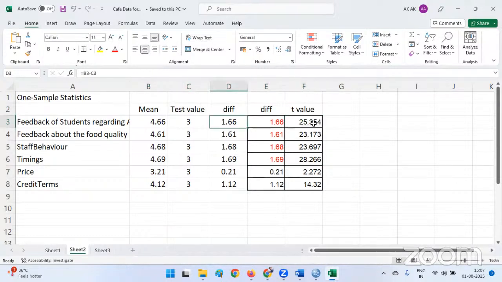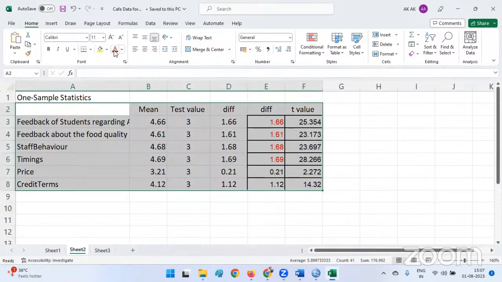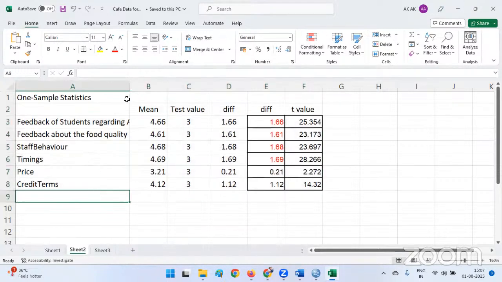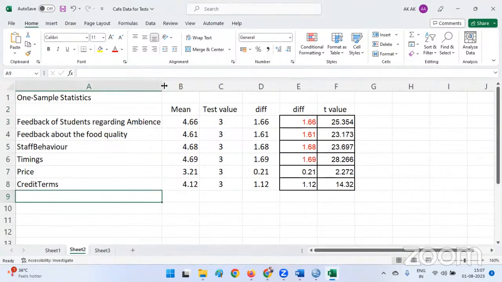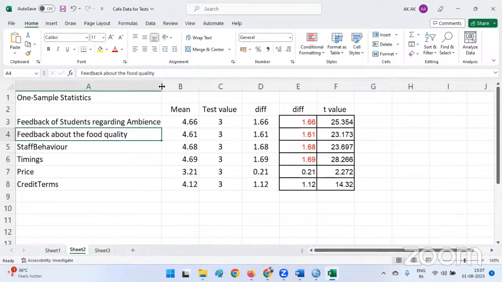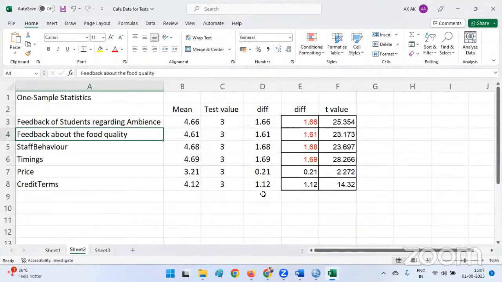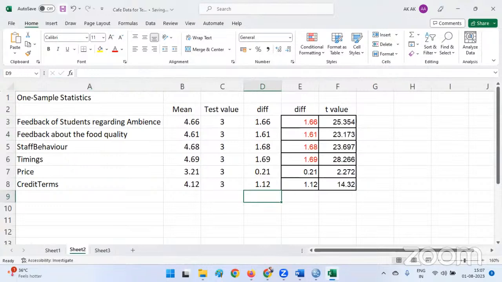So the difference is 1.66, t value is this; difference is 0.21, t value is 2.27. But all of them are statistically significant. There is a significant satisfaction with the students who use the services of that camp.